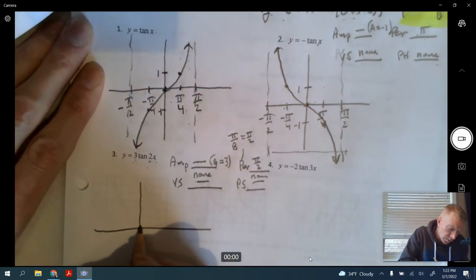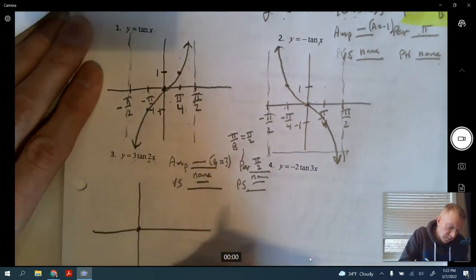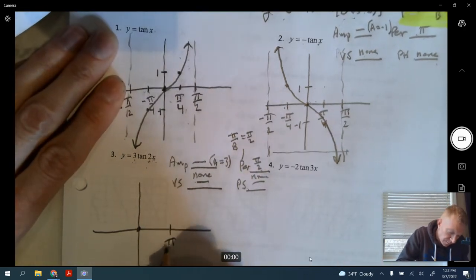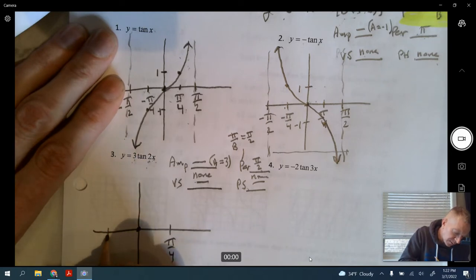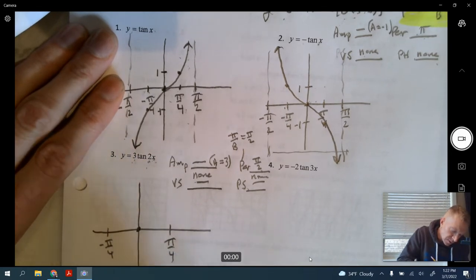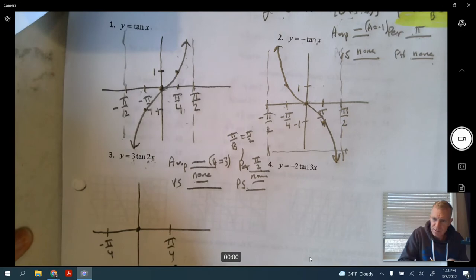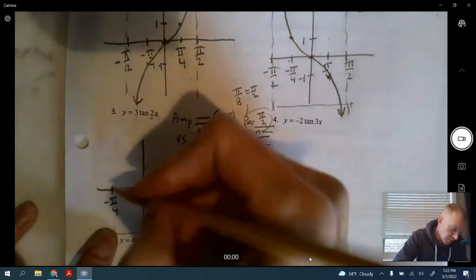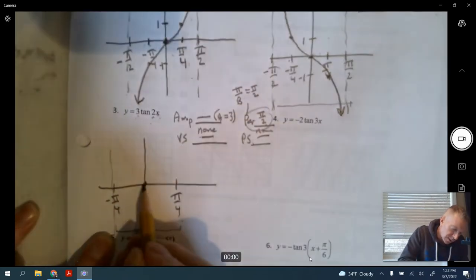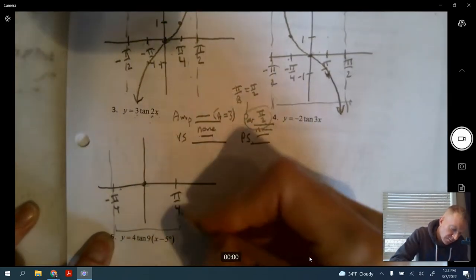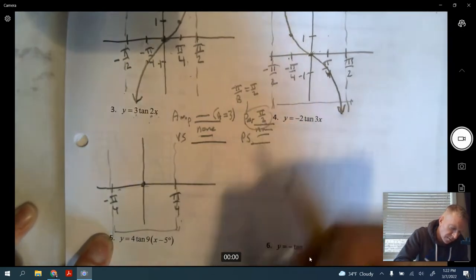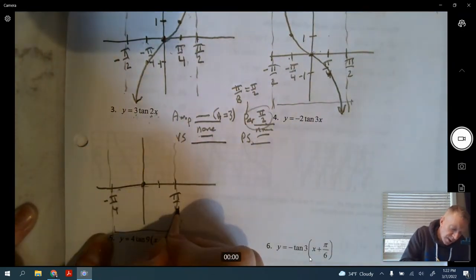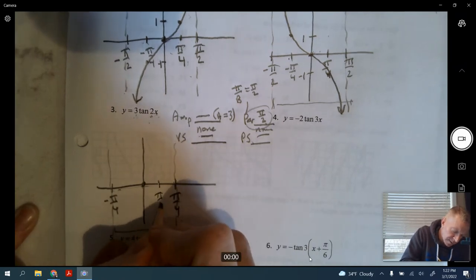So you know it's going to go through here. Tangent of 0 is 0. We're going to go half of the period to the right, which now is pi over 4, and half of the period to the left, negative pi over 4. So your entire distance, your period from asymptote to asymptote, has to be pi over 2. So this distance is pi over 4 plus another pi over 4, which is, in fact, pi over 2. Halfway to pi over 4 would be pi over 8.